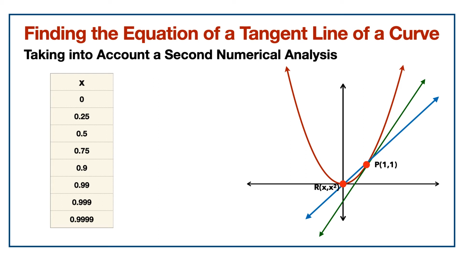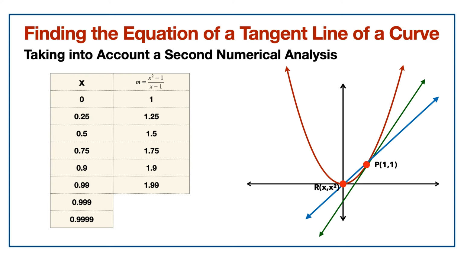As we substitute our x-coordinates into the slope formula, what pattern do you see emerge? I hope you can see that as we move point R up the parabola, our corresponding slope values approach 2.